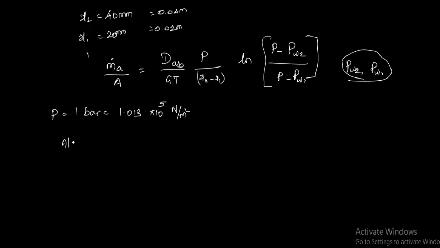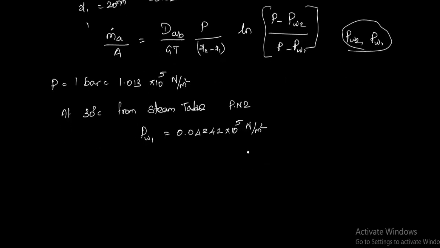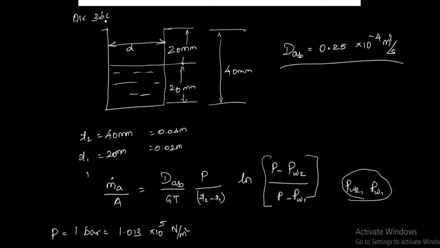At 30 degrees Celsius, from the steam table, page number 2, PW1 water vapor pressure is equal to 0.04242 into 10 to the power 5 Newton per meter squared, right? So this is PW1, and PW2 is nothing but at the top of the pan, the dry atmosphere, the water vapor pressure. So here there will be air, here it will be water vapor.